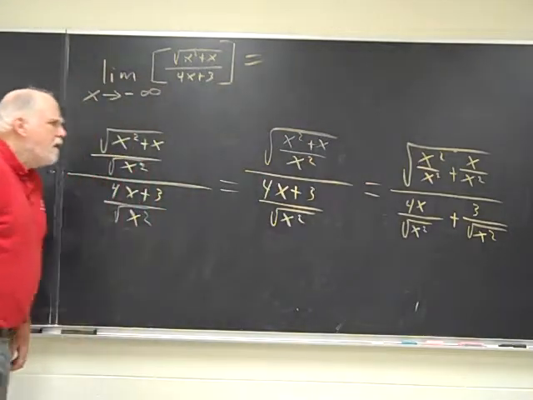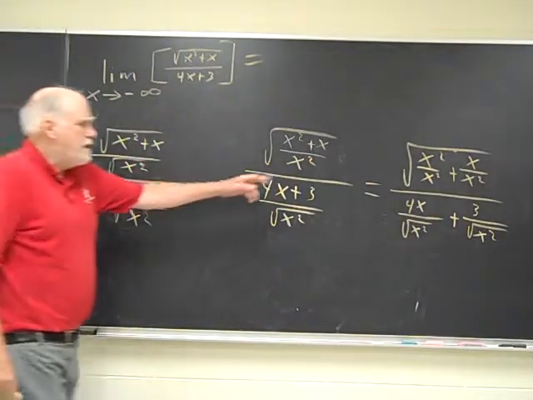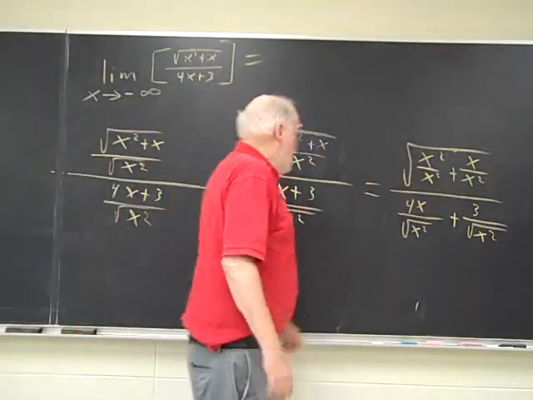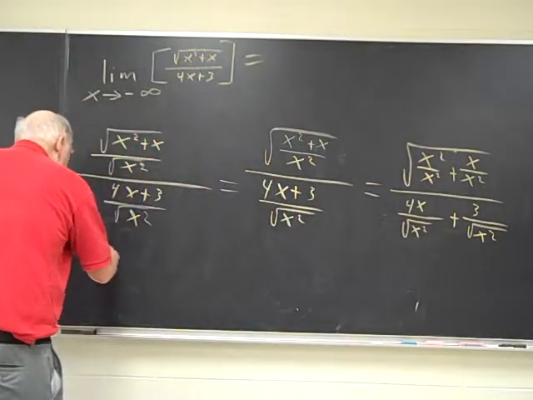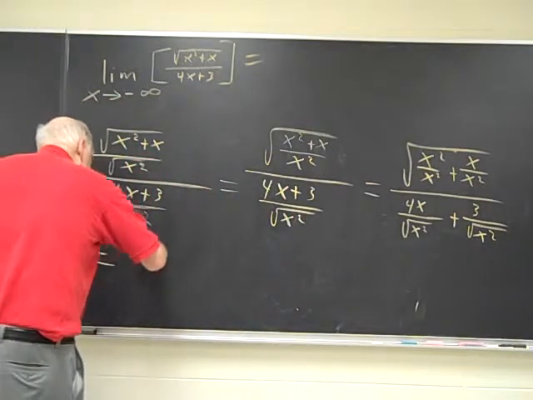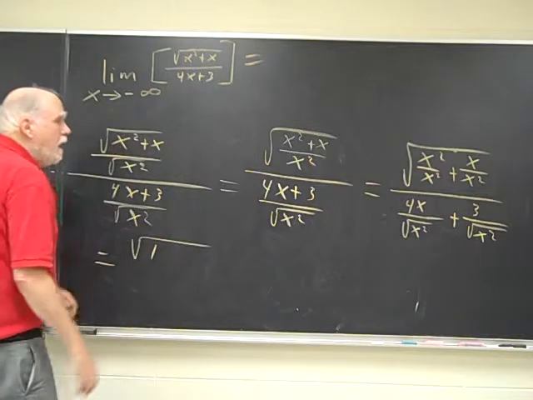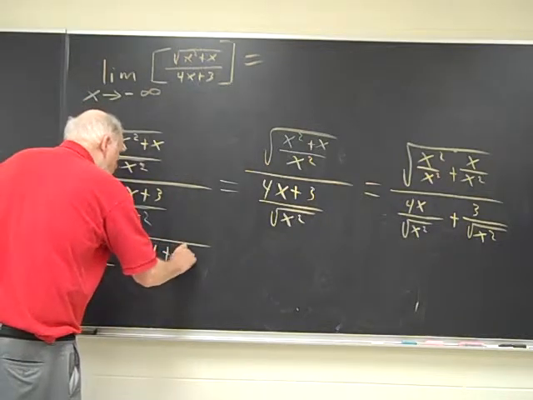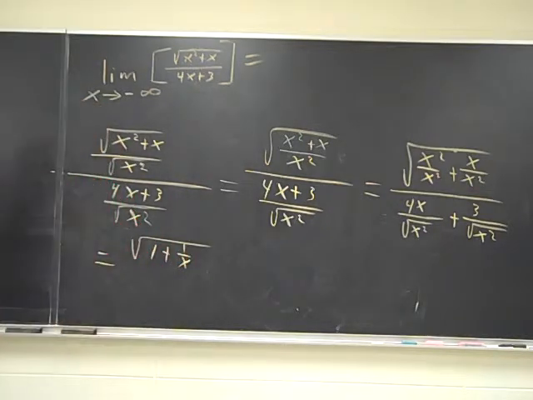Now let's see what I can do with that. This is 1, isn't it? And this is 1 over x. So this equals the square root of 1 plus 1 over x.